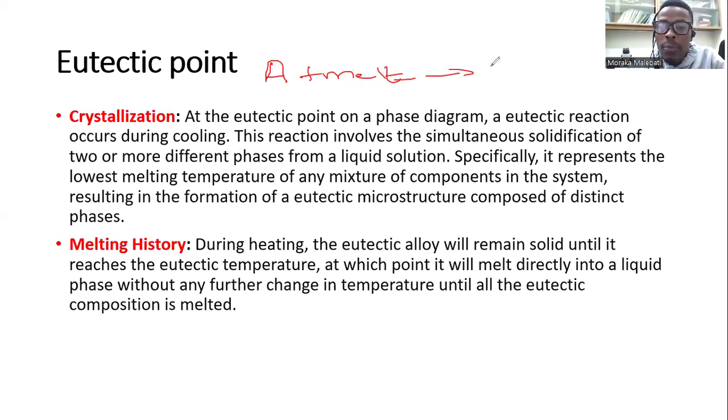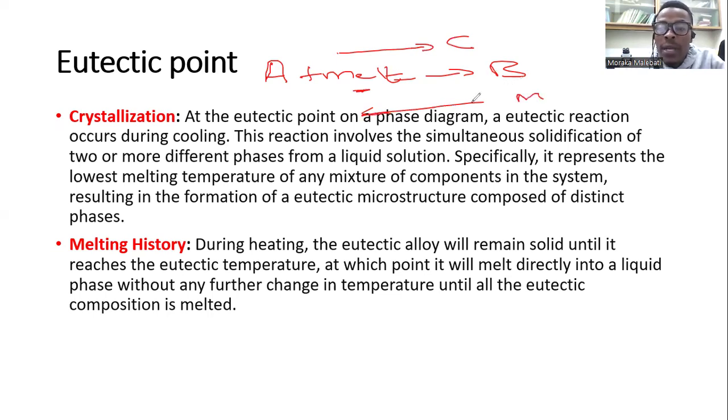Let's say now it's B. All right, so we crystallize B. It means now at that point both A and B keep on forming at the expense of this melt. So it means now, when we go this way, it is crystallization. When we go this way, it's melting.